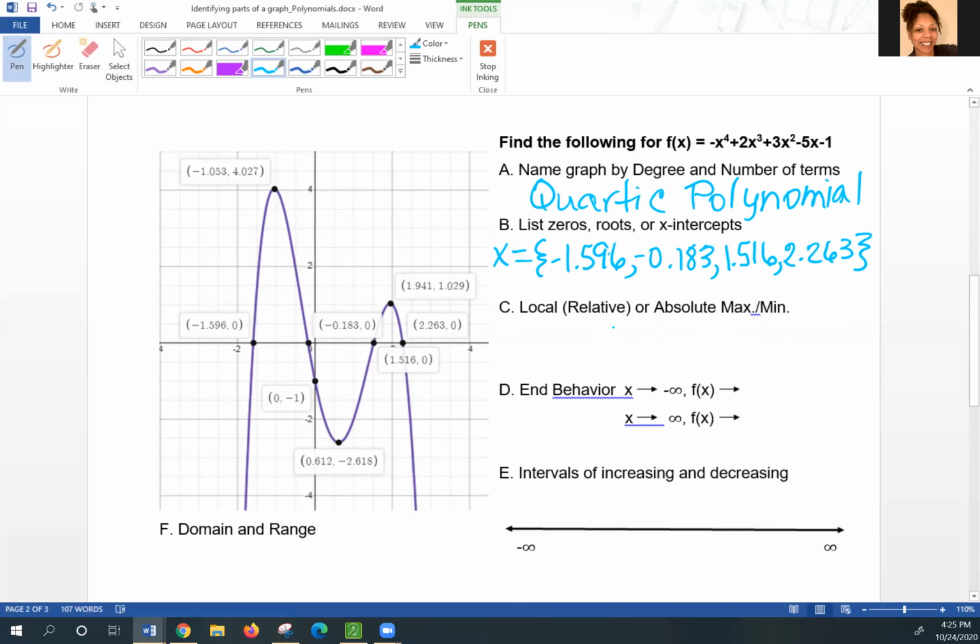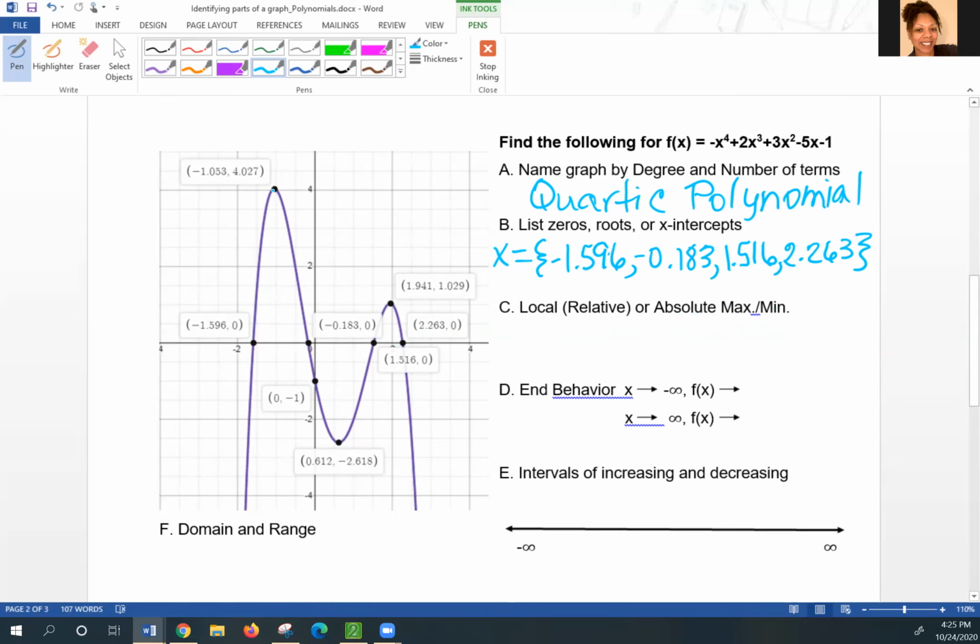Again, local and relative mean the same thing. And absolute max means the highest that the graph can go. Absolute min or minimum means the lowest that the graph goes. Absolute max in this graph is the highest that I can go. And again, maximum and minimum represent your y values.